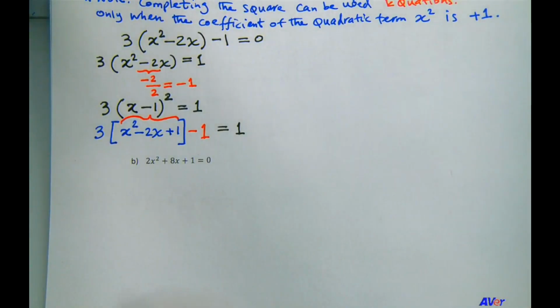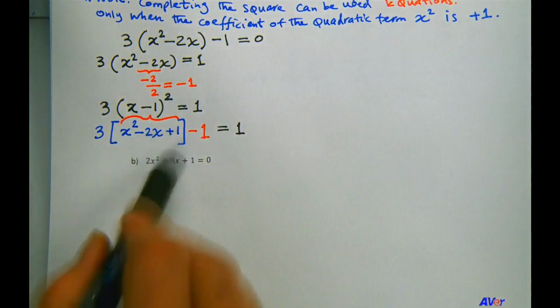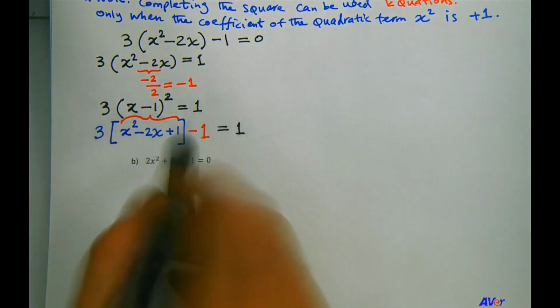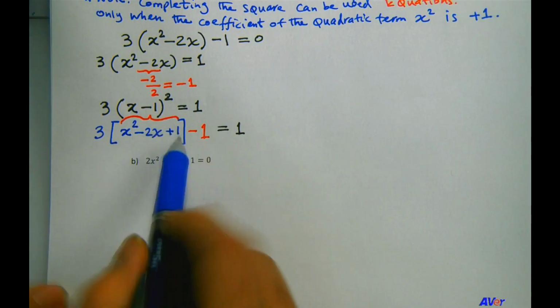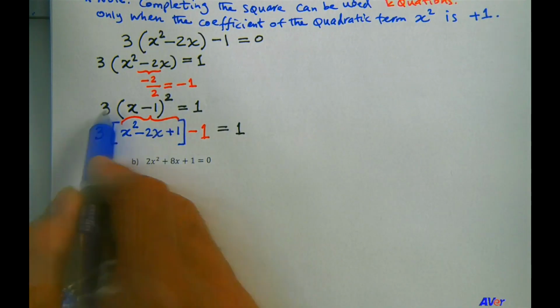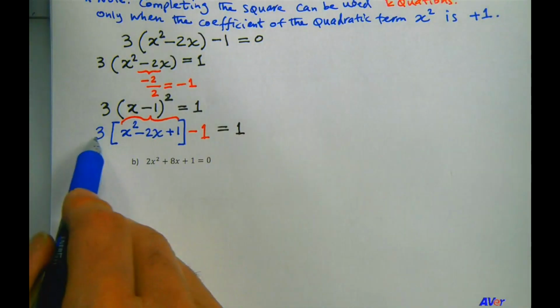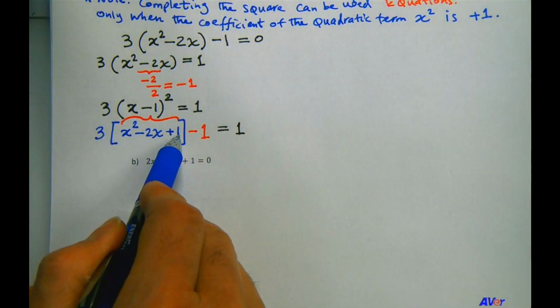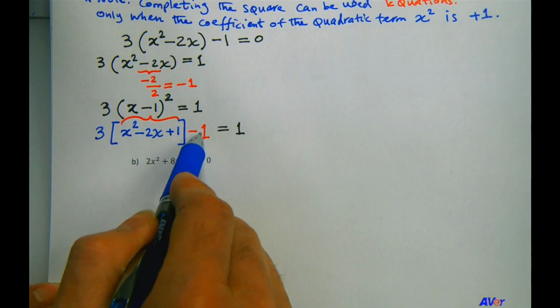Okay? So now, let's see. Actually, since I have a 3 here, this 3 multiplies this 1 by 3, so we actually have to subtract 3.